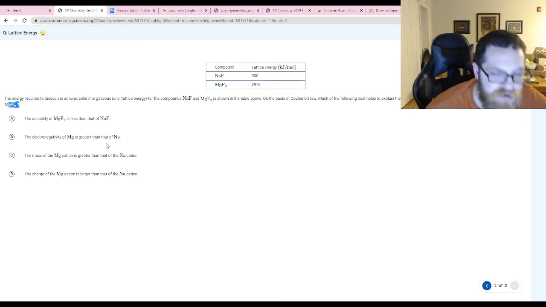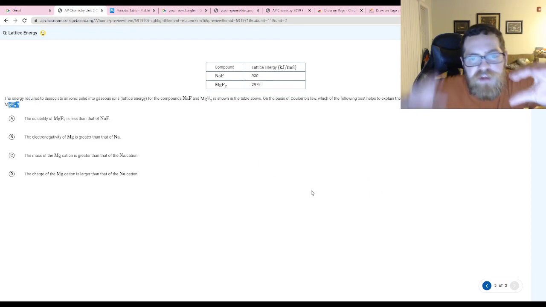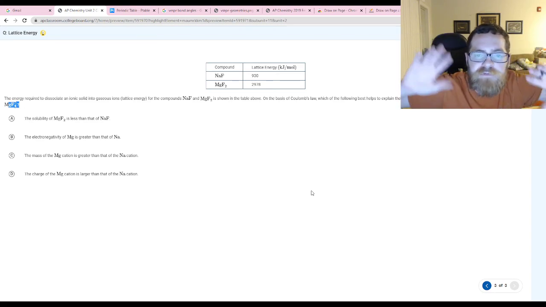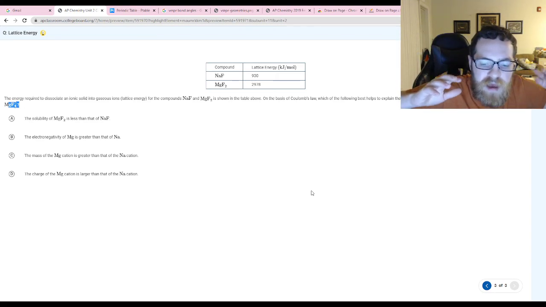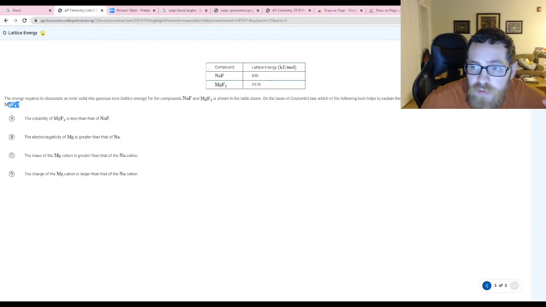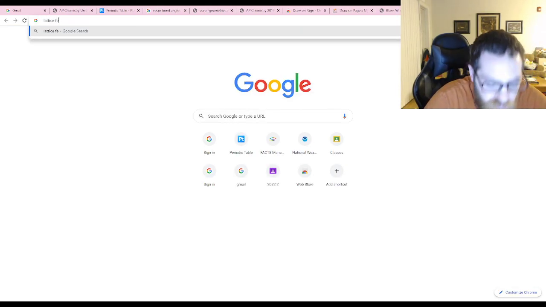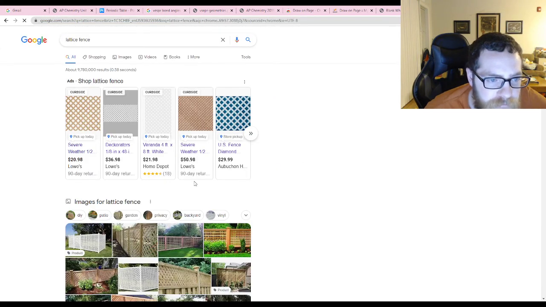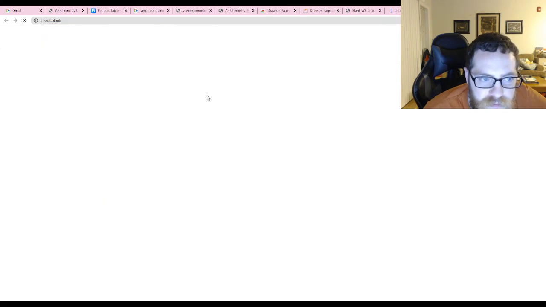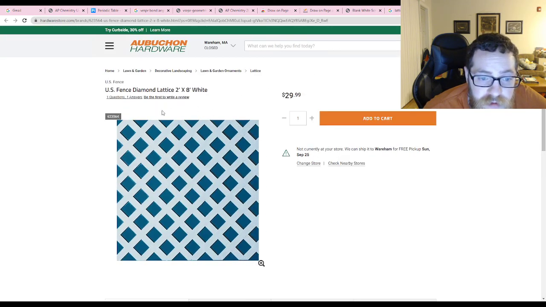When we talk about lattice energy, we talk about that structure we have, the positive, negative, that is often called a lattice. And it's actually named after a lattice fence. So some of you probably have a lattice fence at home. This is what a lattice fence looks like. This crisscrossing.